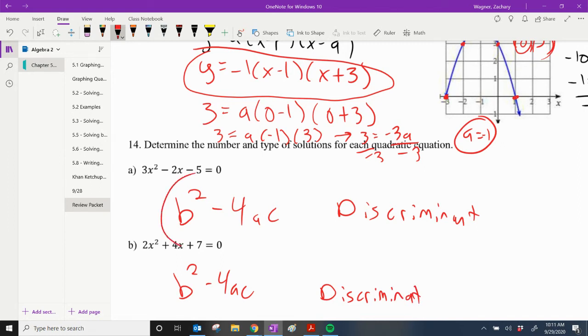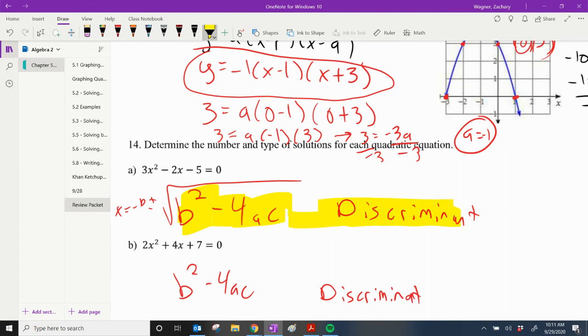You guys remember b squared minus 4ac? x equals the opposite of b plus or minus the square root of b squared minus 4ac. This is your discriminant, b squared minus 4ac. Not the whole formula, just what's underneath the square root. And what's underneath the square root tells us how many solutions we're going to have. And I'll show you why that's so.